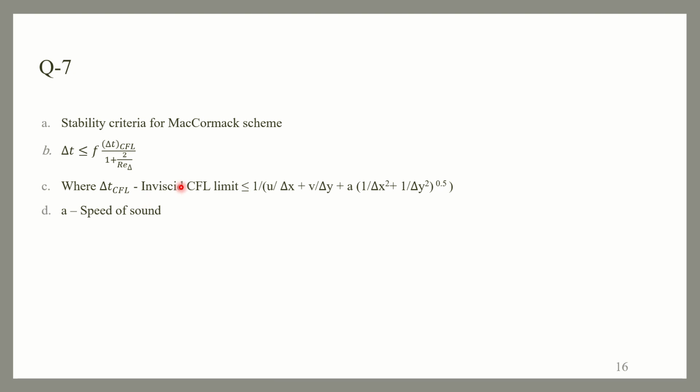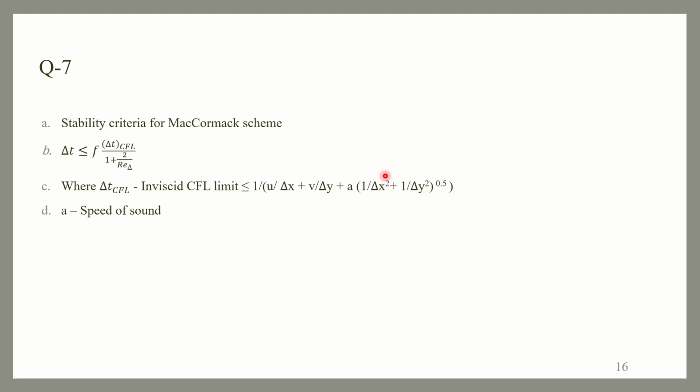Delta T is nothing but the time step in that solution process. The time step we are choosing should be less than or equal to F times delta T CFL divided by 1 plus 2 by RE delta. F is a safety factor, approximately 0.9, and delta T CFL is the inviscid CFL limit, less than or equal to 1 divided by U by delta X plus V by delta Y plus A times the square root of 1 by delta X square plus 1 by delta Y square.